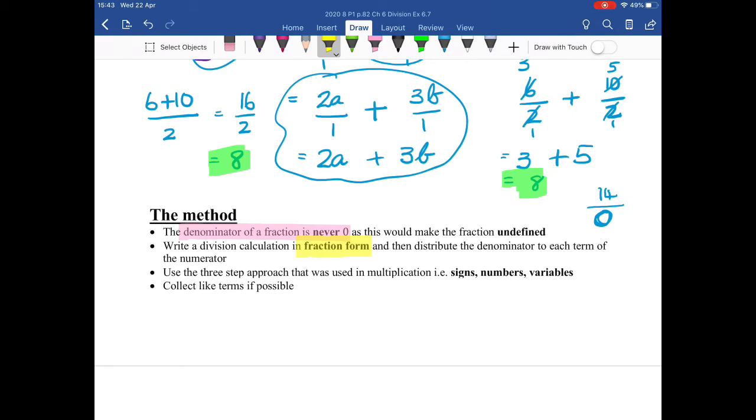So if we had 4a divided by 2, we're going to write it as 4a over 2 in fraction form. Use the 3-step approach that was used in multiplication: signs, numbers, variables or letters. And then you are going to collect the like terms.